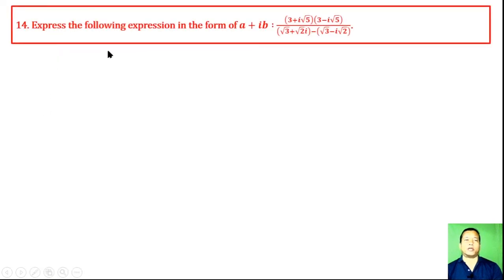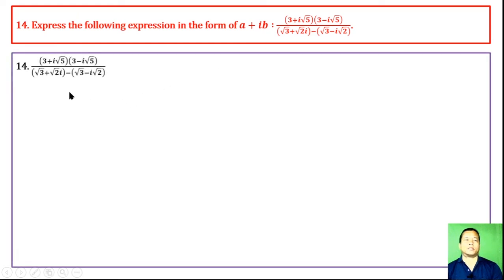Express the following expression in the form of a plus ib. Expand, simplify, which is a plus b whole into a minus b. Applying that formula, we get a square is 3 square minus b square is i times of root over 5 whole square.